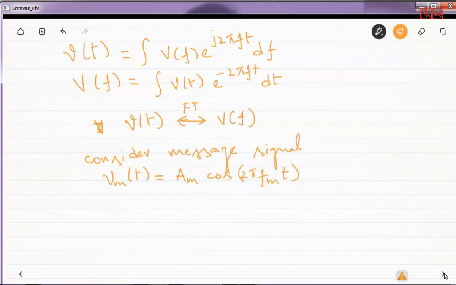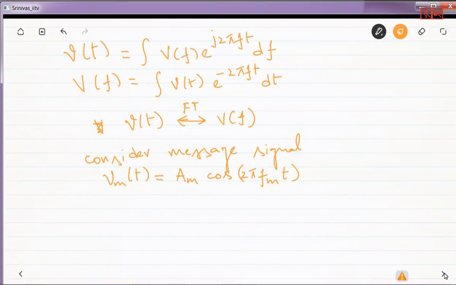There is a message signal, a sinusoidal or cosine signal. We know that a message signal is not strictly a sinusoidal or cosine signal, but just for ease of exposition, to start with, what is this frequency translation?